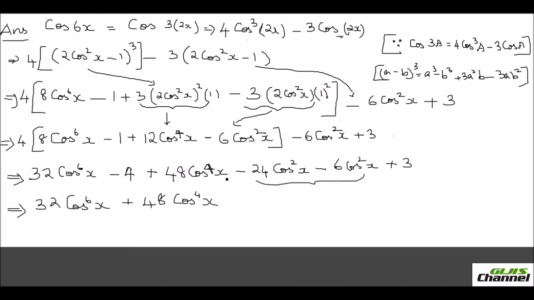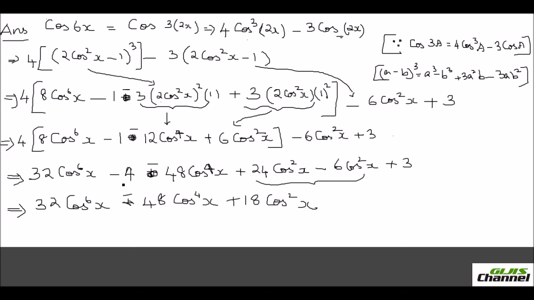Now you can put these two together. We didn't notice this, here it is minus and here it is plus. So this is minus 48, and here it is plus 24 cos square x, and minus this is plus 18 cos square x.